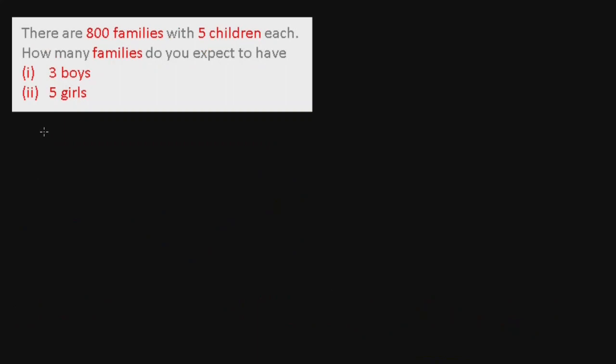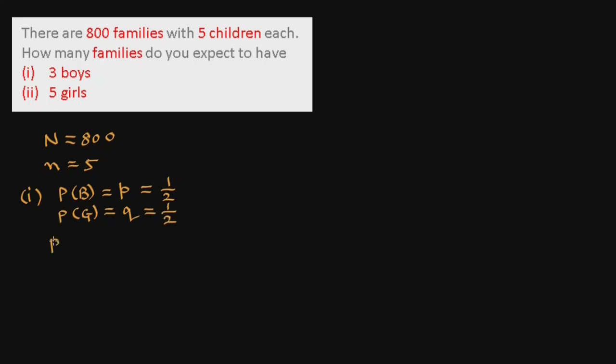There are 800 families, which means capital N is 800, and each family has 5 children, means small n is 5. In the first question, we have to find how many families we can expect to have 3 boys. So probability of a boy, say P, is half, and probability of having a girl is Q, which is 1 minus half, half again.